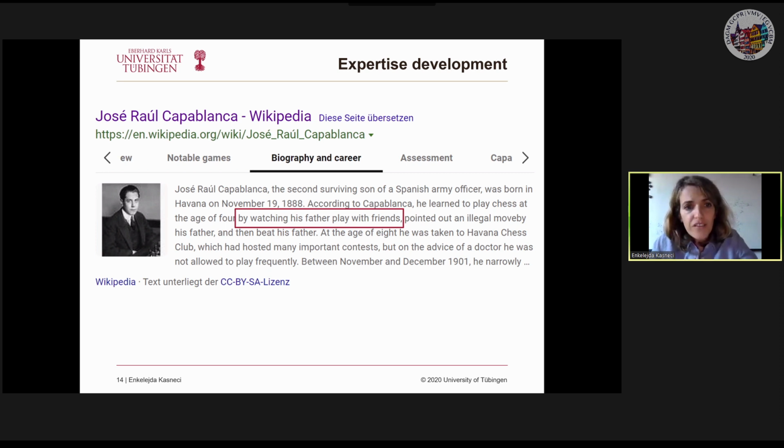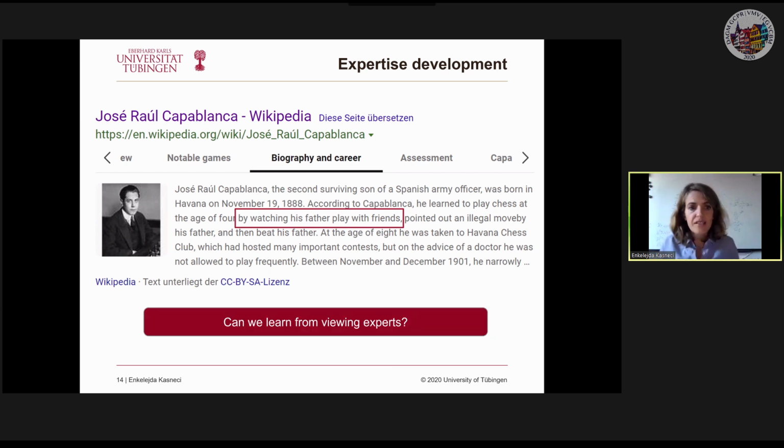So a question that has been in my mind for very long is, can we learn from just viewing experts? Is there any conceptual knowledge besides the perceptual knowledge that we can build up just by looking as experts look?